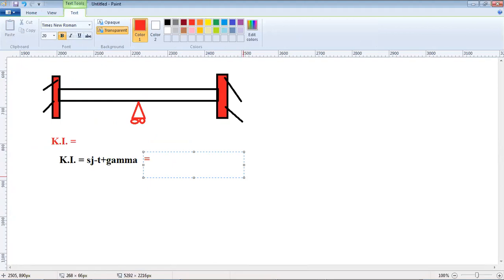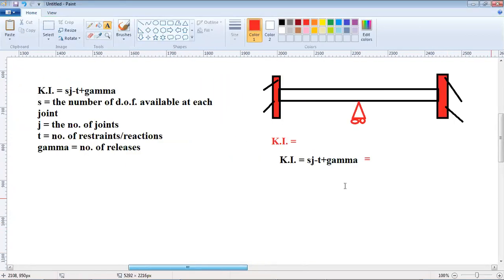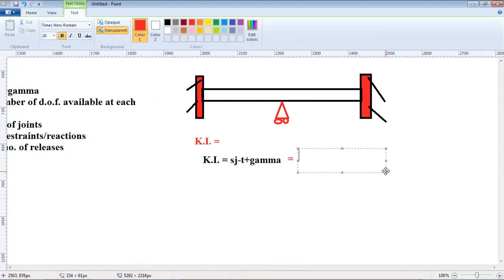S is the number of degrees of freedom at each joint. How many degrees of freedom at each joint are there? 2 or 3? What is the maximum number of degrees of freedom at every joint? The maximum number of degrees of freedom is 3. If you release the fixed support, you will actually get 3 degrees.